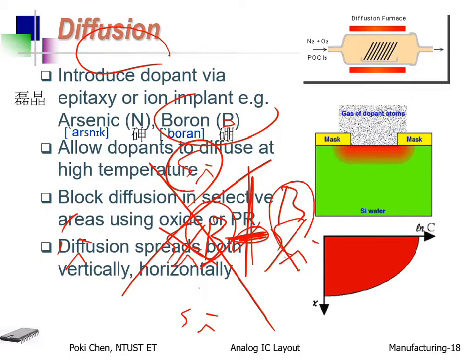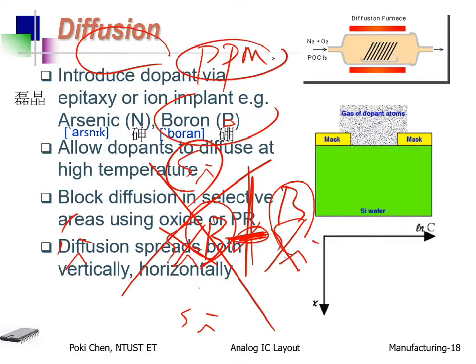Okay, but how to make sure you don't have such kind of impurity to impurity bonding? The doping needs to be very, very light compared to monosilicon. So usually, how to measure such kind of doping? In ppm. Okay, ppm means what? See? One out of a million. You cannot find your own neighbors.